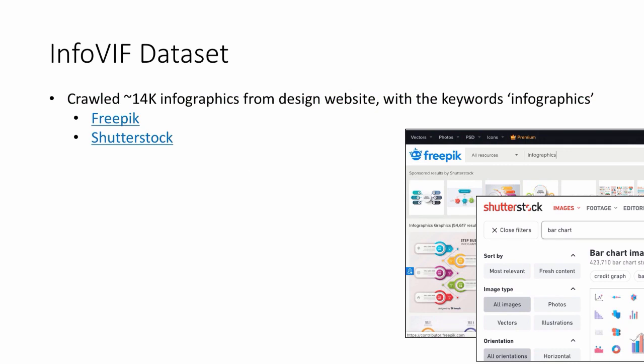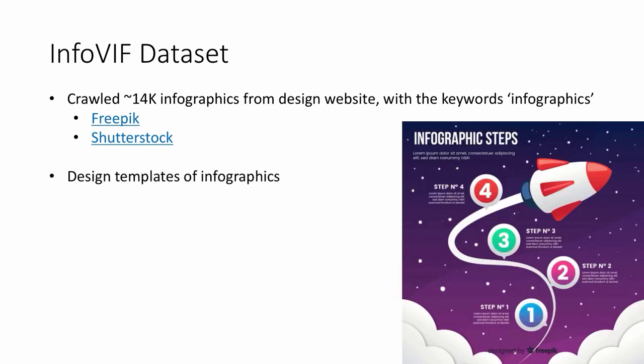So, to do this, we collect a large amount of infographics from two designer websites, Freepik and Shutterstock. The infographics collected from those two websites are contributed by designers all over the world, and those infographics are more like design templates. For the example I show here, in these templates, elements are always well designed.